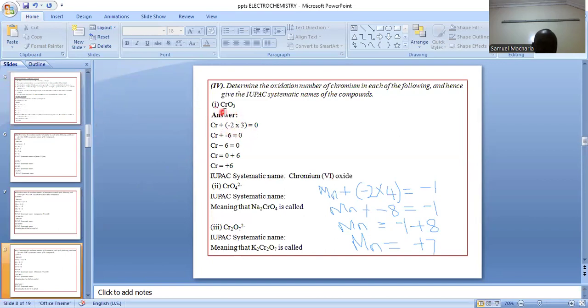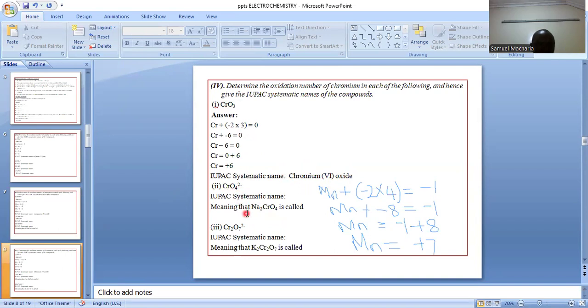So we have chromium, Cr, plus, in brackets, we know that the oxidation number of oxygen is -2 times 3, equals 0 because there's no charge. And then you do the working and you get that the oxidation number of chromium finally is +6. And that is why we call this compound chromium 6 oxide.